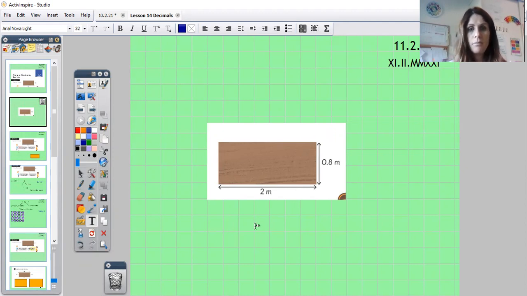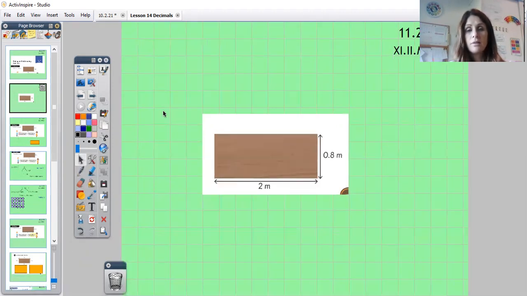Right, okay, so we've simply got our board here and we've obviously got two measurements. It tells us it's rectangular. That's really important, okay? So let's have a think. What sorts of things might we be able to say about our board?